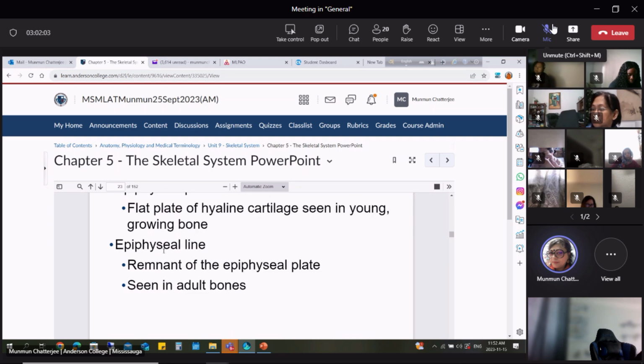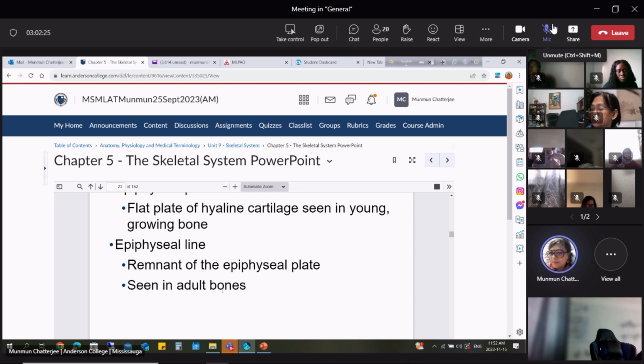So it's called the epiphyseal line because adults don't need bone growth anymore. If there is bone growth, it is a disease that forms some deformity of the bones. So what is that epiphyseal line? It is the remnant of the epiphyseal plate seen in adult bones.